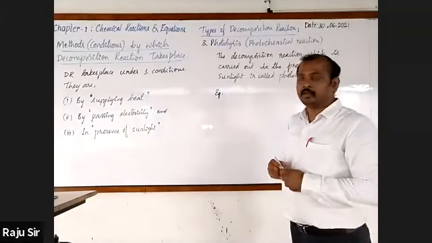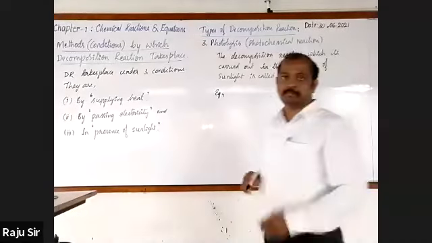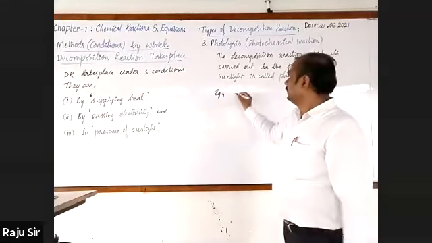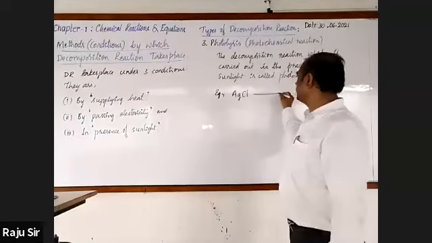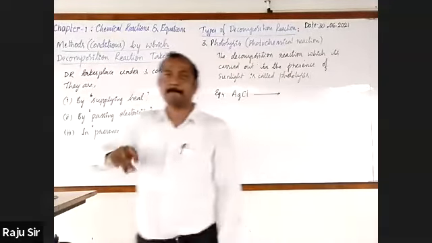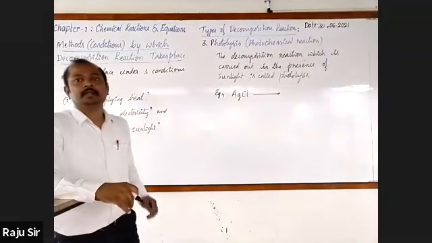Now let me take some examples. Here I take AgCl. What is AgCl? It is silver chloride.